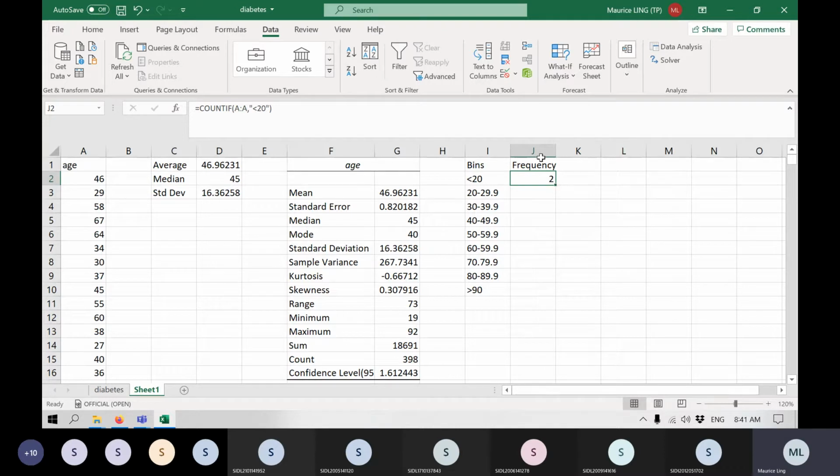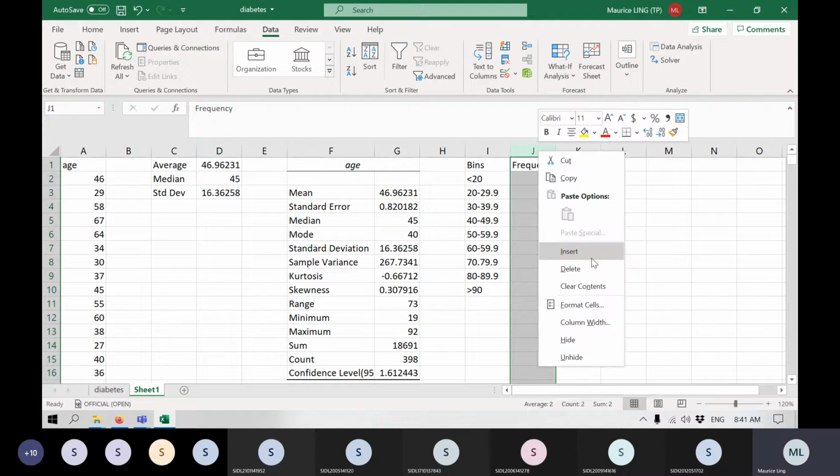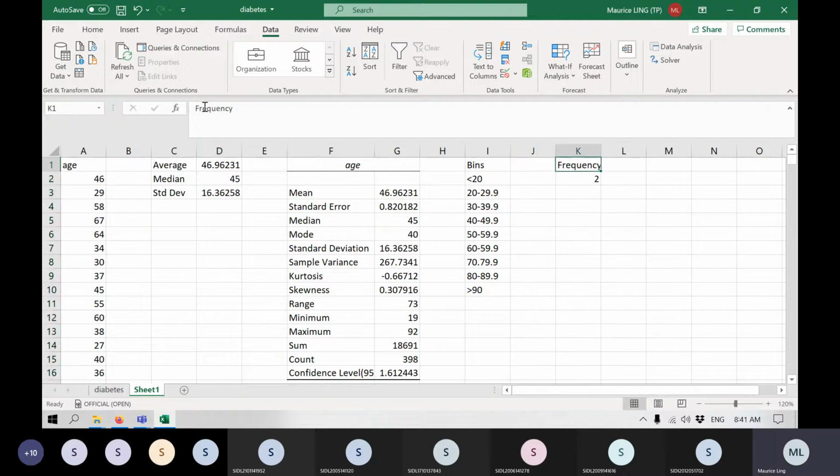In fact, this itself, you can call it your cumulative frequency. If I just drag down the rows, I have to change the number.